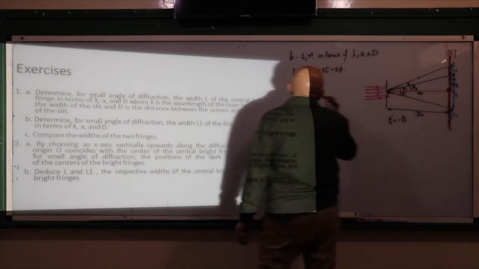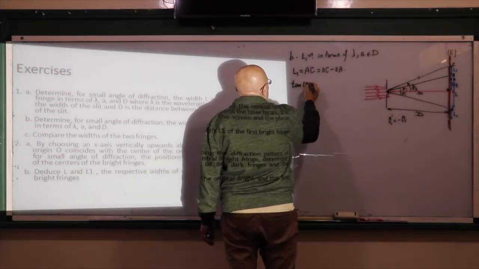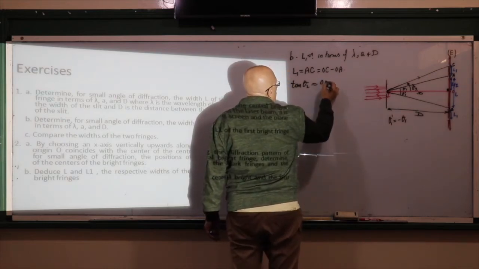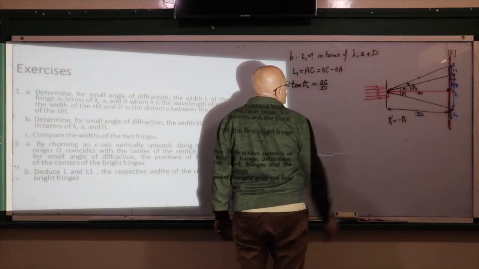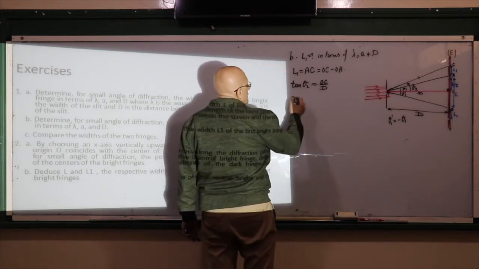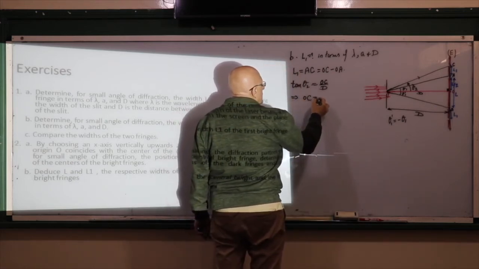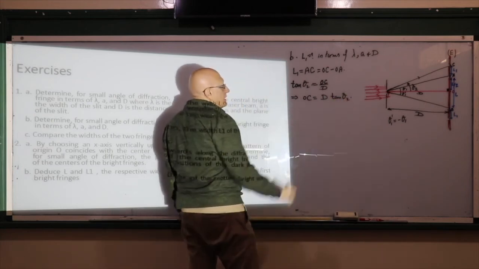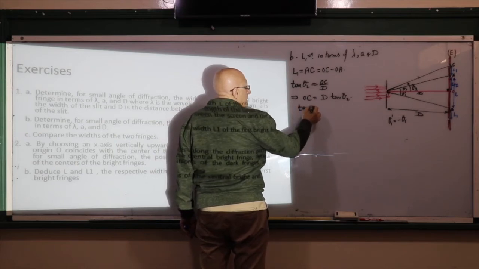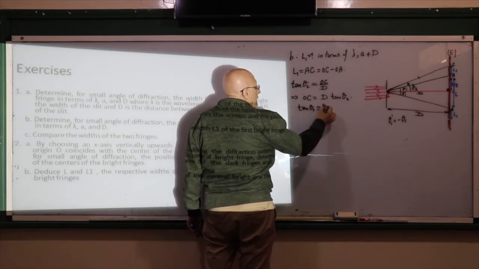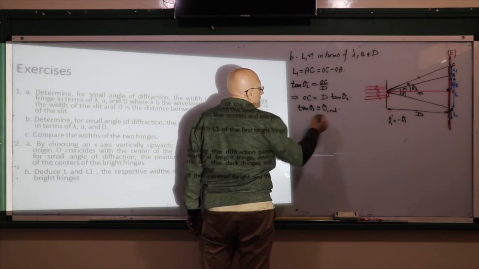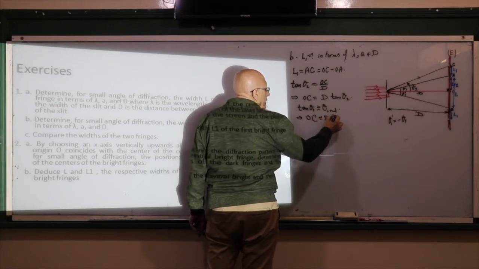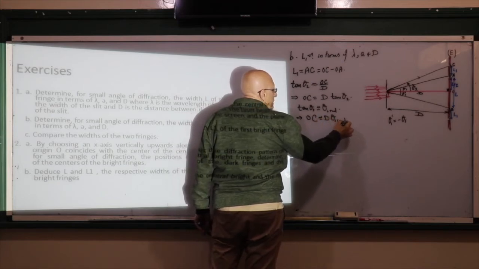Tangent theta 2 is equal to opposite over adjacent, OC over D. This implies OC equals D tangent theta 2. And since we have a small angle, tangent theta 2 is approximately equal to theta 2 in radians. This implies OC is approximately equal to D theta 2.